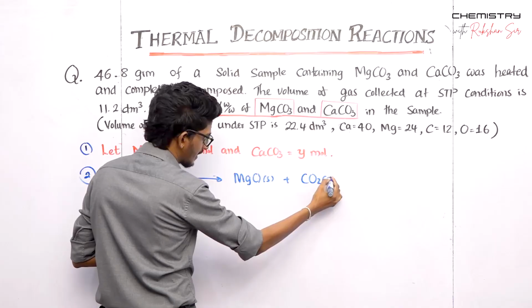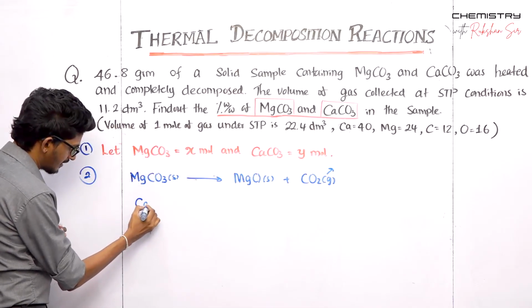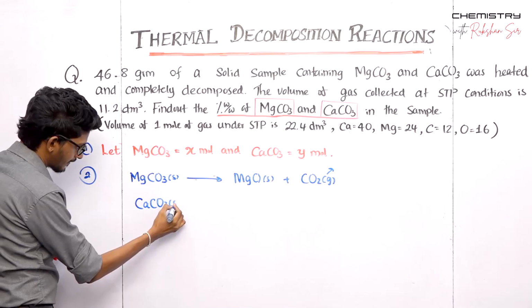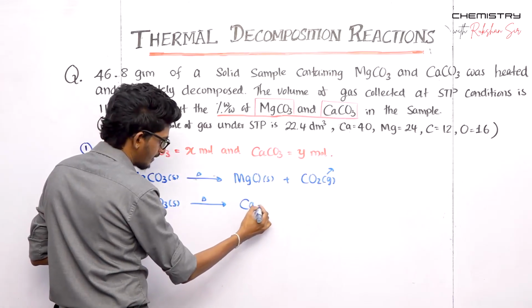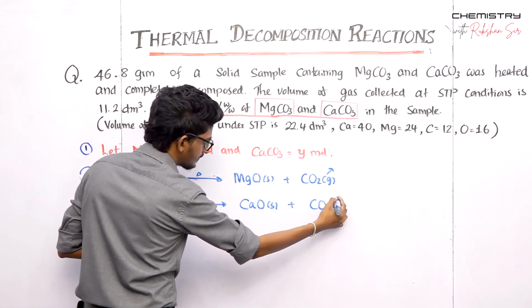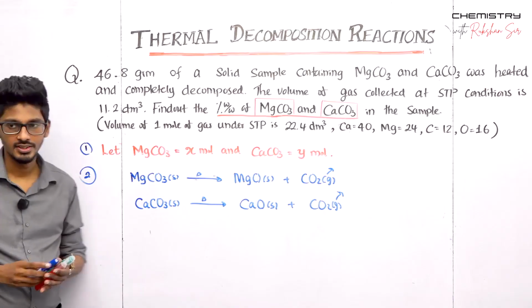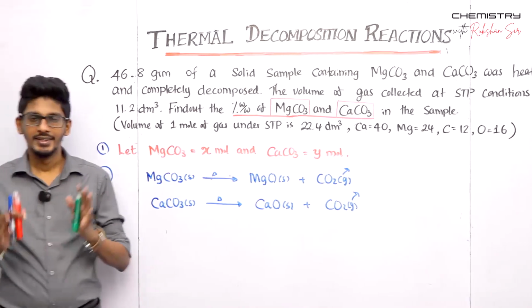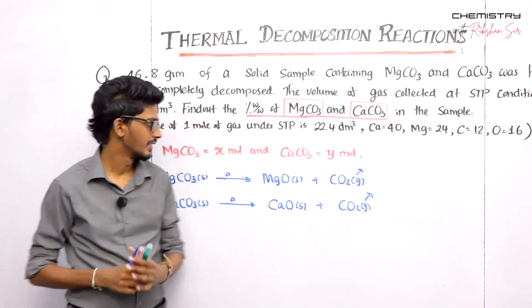You need to come up with a balanced chemical equation. When it comes to calcium carbonate, it will decompose, giving you calcium oxide and CO2. The second thing is writing the needed chemical equations. Okay, that is done.